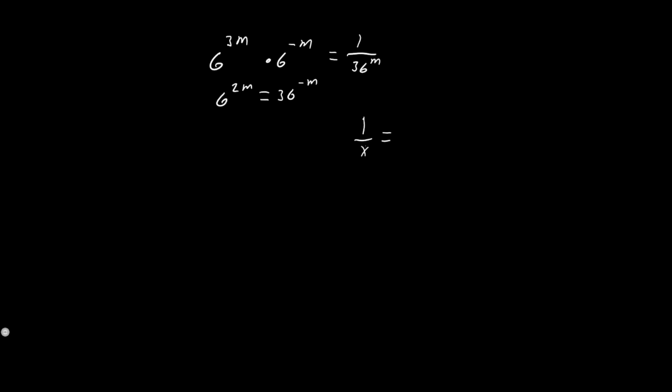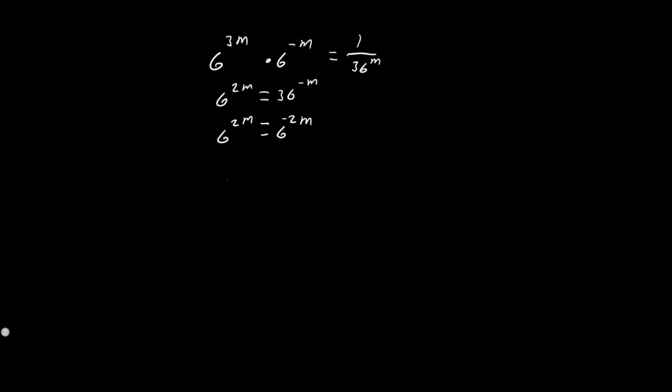Now we can find that 36 is a perfect square, and if we take the square root of 36, we get 6. So we end up getting 6 to the power of 2m is equal to 6 to the power of negative 2m.